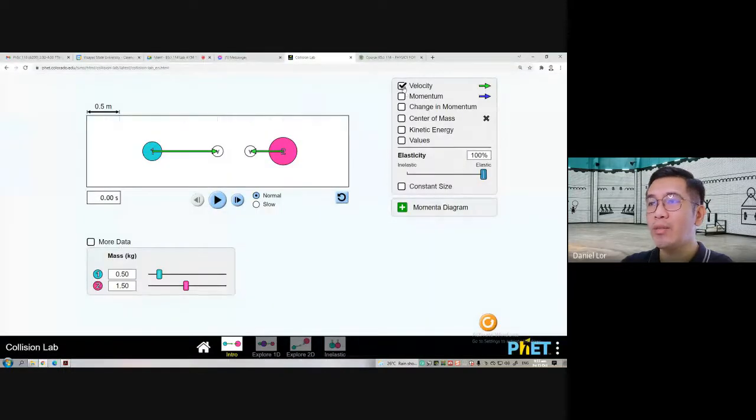When you click on velocity, if you uncheck it, you can only see two objects, 1 and 2. When you click the velocity tick box, you can see the velocity component. The longer the arrow, the higher the velocity.